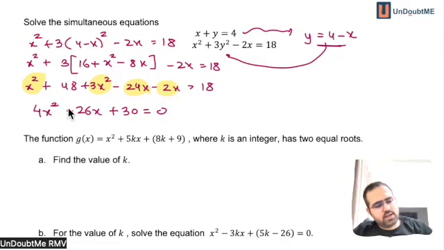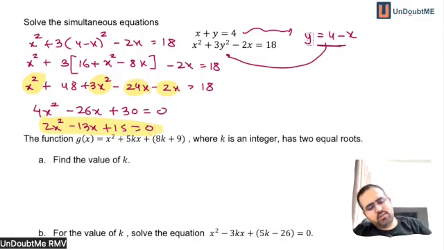This is the quadratic, and then from here we can divide the whole by 2. So that will give me 2x square minus 13x plus 15 is equal to 0. And then you can work on this quadratic to factorize and get the x value. Put x values over here to get corresponding y values. That will be your final answer.